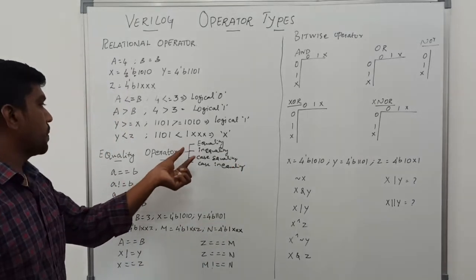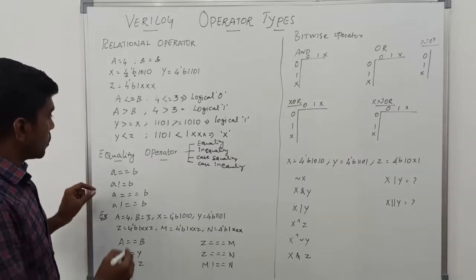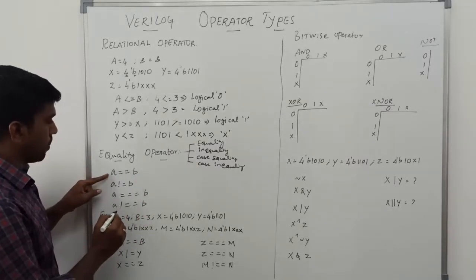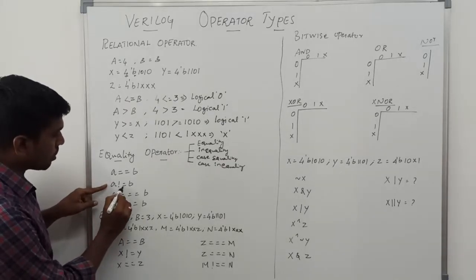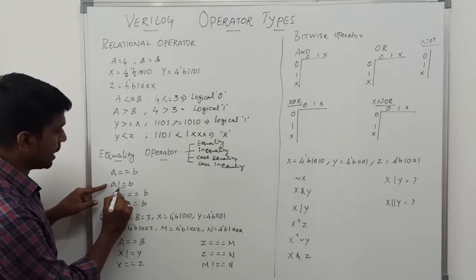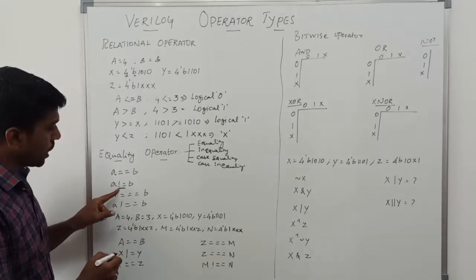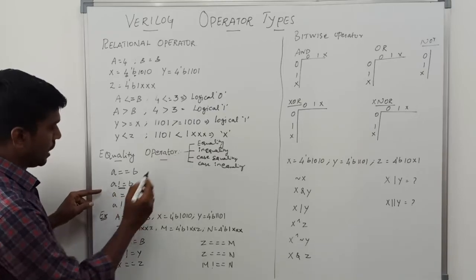So first one is A equal B, which is the equality operator. A not equal B is the inequality, meaning A value is not equal to B.